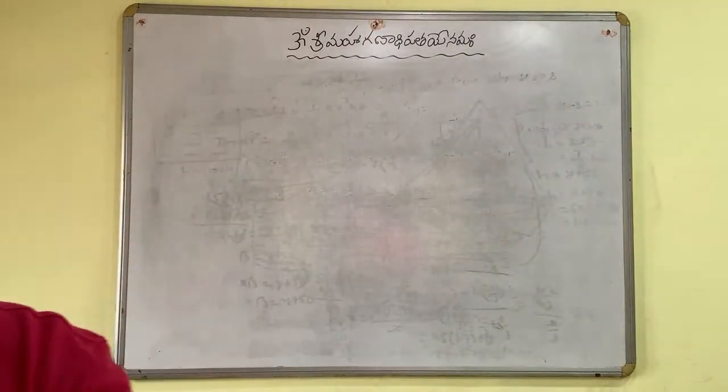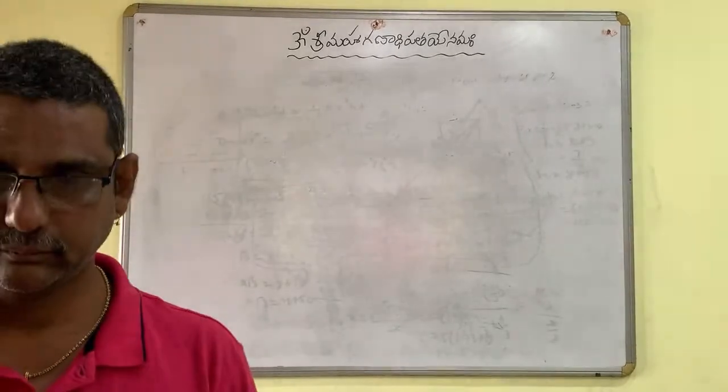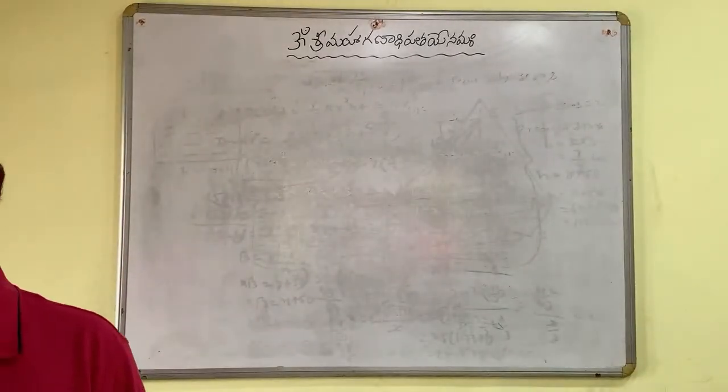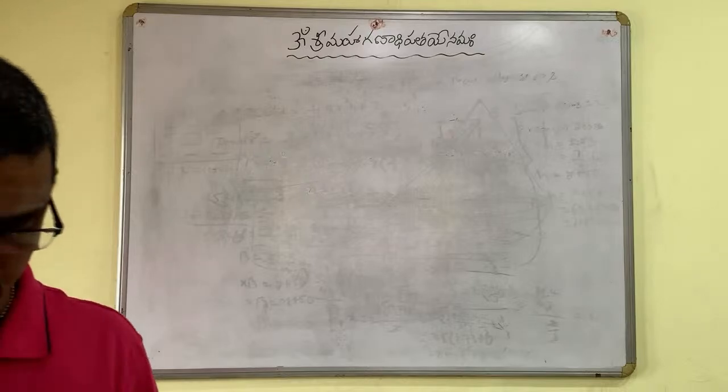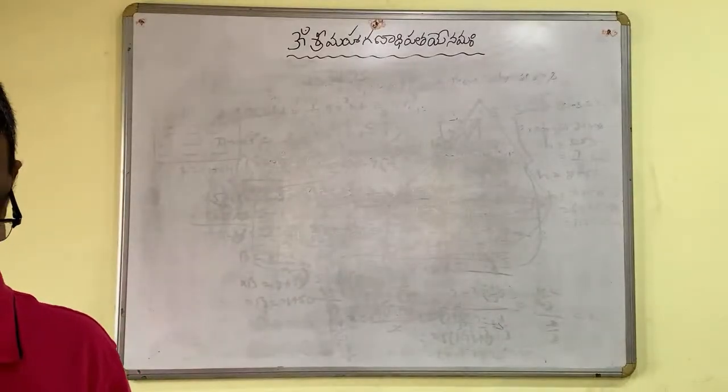Next question. If alpha and beta are the zeros of the polynomial p of x is equal to 6x square minus 5x plus k, such that alpha minus beta is 1 by 6, find k.